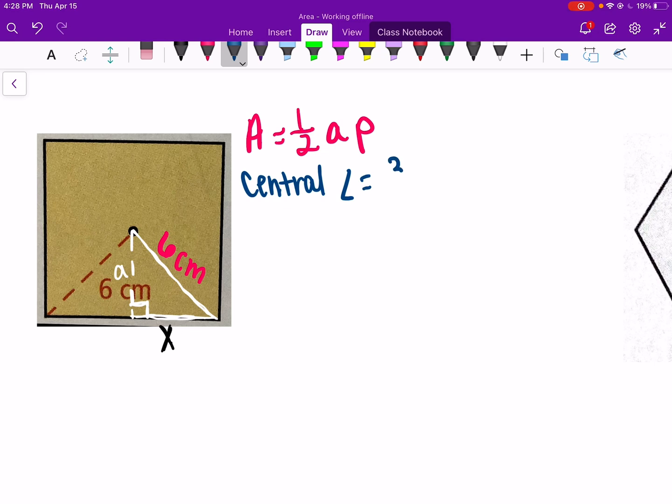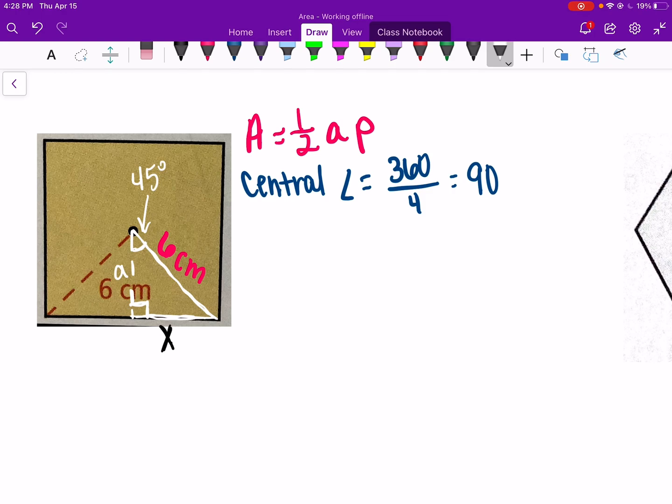Our central angle is 360 divided by the number of sides, which is 4. So our central angle is 90 degrees. Now remember, that's the whole central angle between the two radii, so for the angle of our triangle, we want half of that. So this angle is 45 degrees.